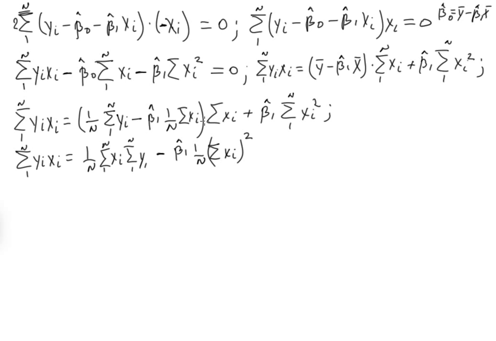The sum of xi times the sum of xi is the square of the sums. Plus we'll have beta 1 hat times the sum from 1 to n of xi squared. Now we can do something here. So we have beta 1 hat, and then we are in a position to work out what it is.